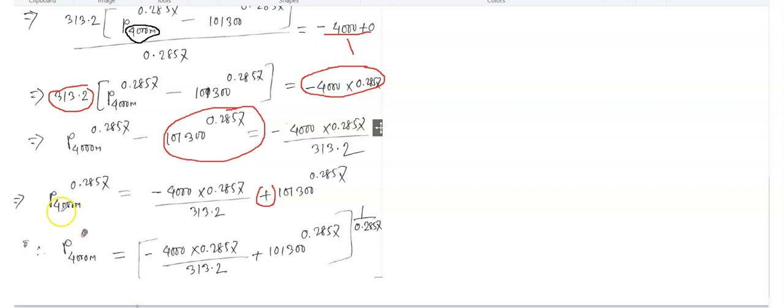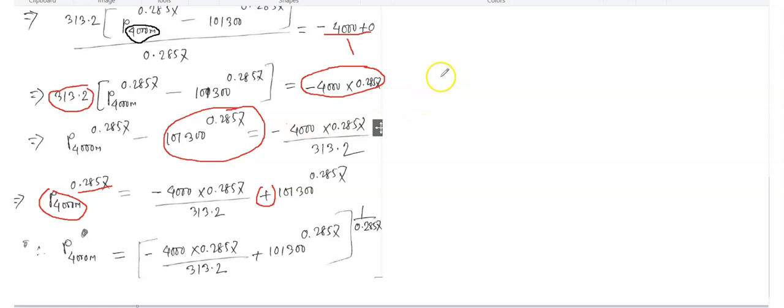Finally, our target is to calculate the pressure at 4000 meters of altitude, but we have this power 0.2857, so we will raise both sides to the power 1 over n or something like that. Then this power goes to the other side as 1 by this.